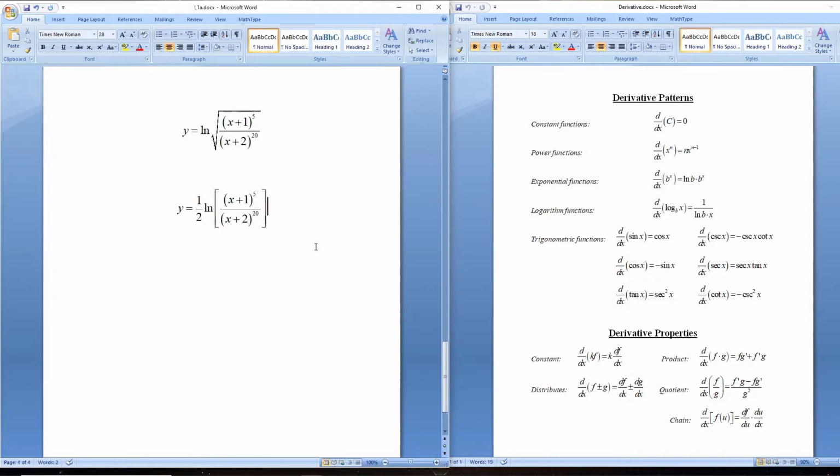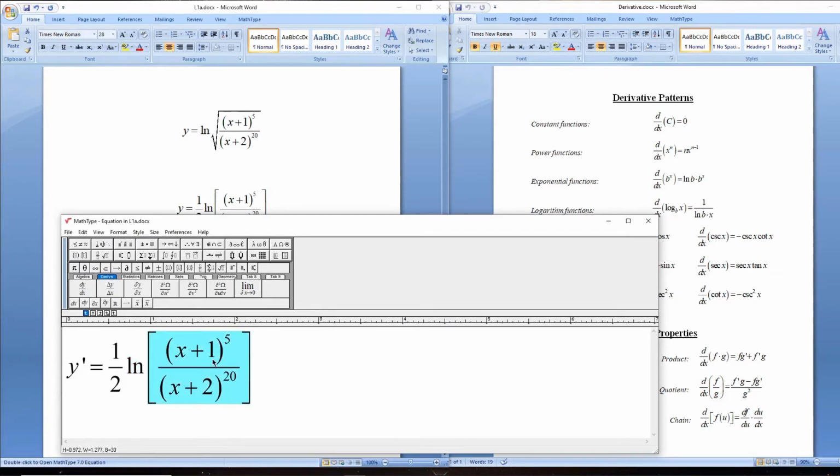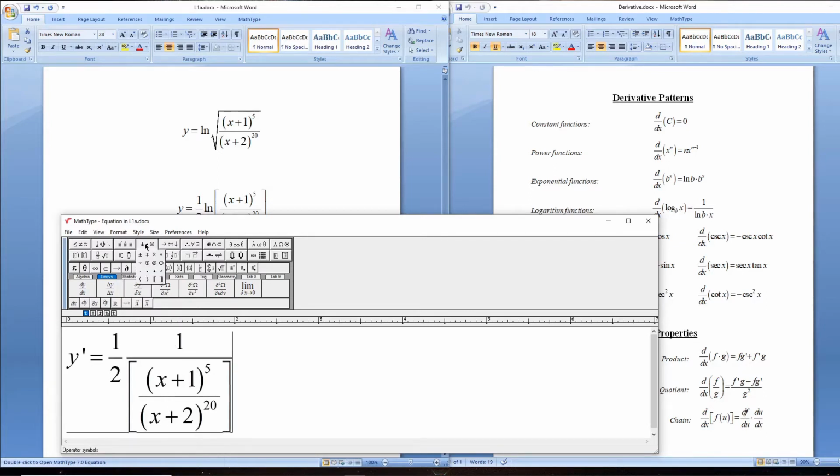So to take the derivative, the derivative of log is 1 over the argument. So there is 1 over the argument, the whole thing that's going into the log function. And then the chain rule says, take the derivative of that.